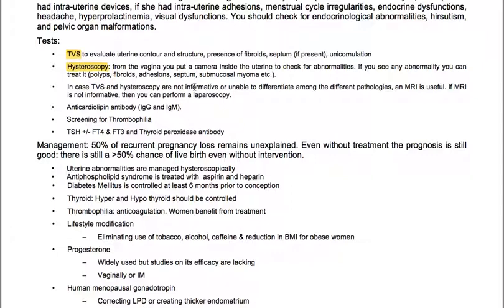And in case TVS and hysteroscopy are not informative or unable to differentiate among different pathologies, an MRI is useful. If MRI is not informative, then you can perform a laparoscopy. Anticardiolipin antibody, IgG and IgM, screening for thrombophilia, TSH with positive or negative FT4 and FT3, free T4 and free T3, and thyroid peroxidase antibodies.